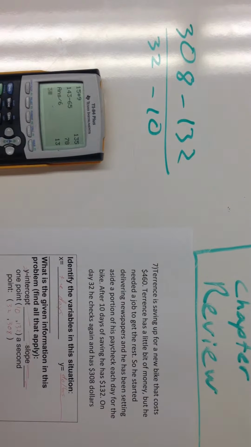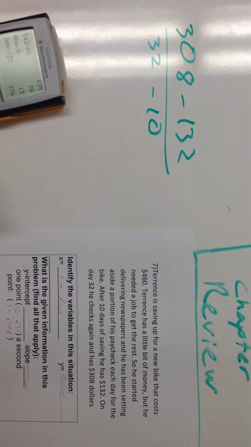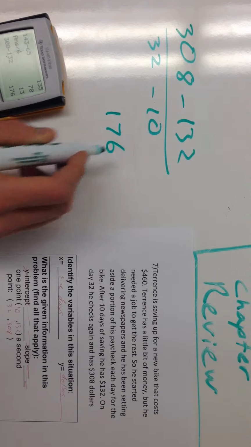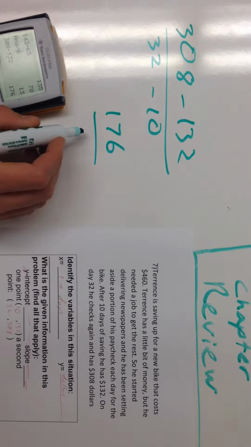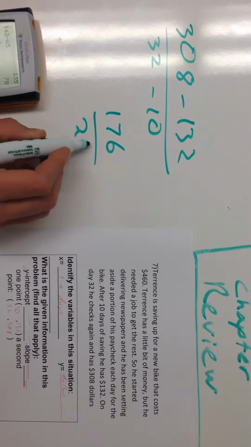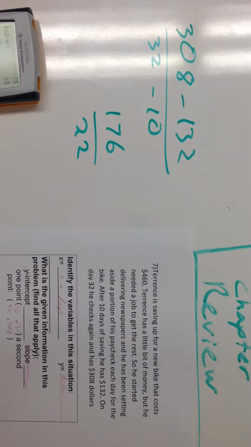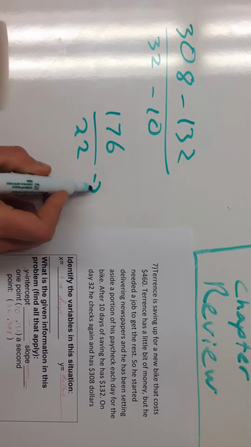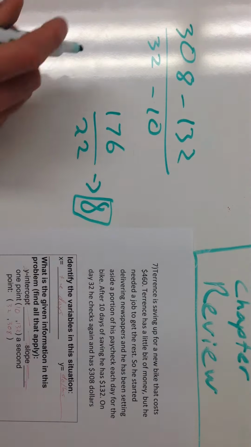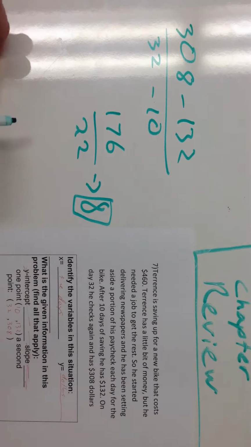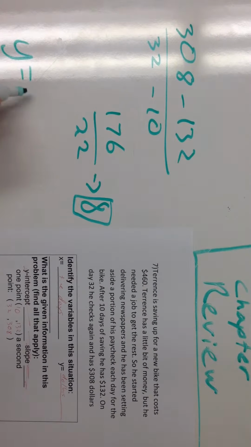Some quick calculating. That's 176 divided by 22, and we get 8. So the equation of my line is going to be y equals 8x plus, well, that b value we don't know.